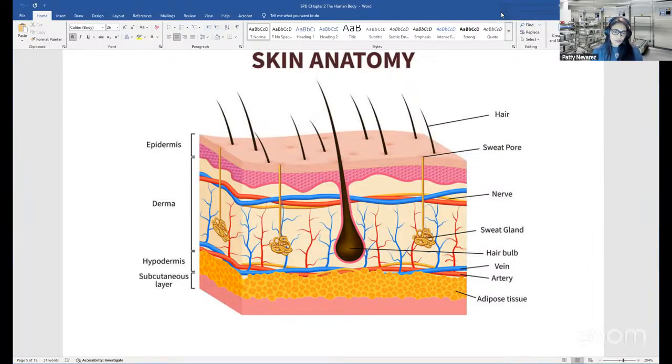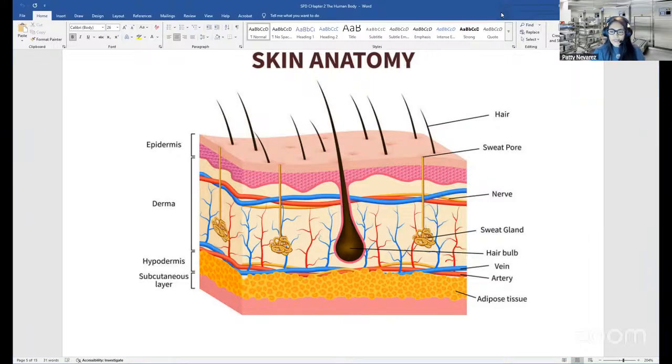We're going to call them accessory organs, or associated structures, which are the hair, the glands, and the nails. When we think about it, they are all part of the skin. If you see your nails and the hair on your skin, and some glands, we're going to talk about those in a moment.